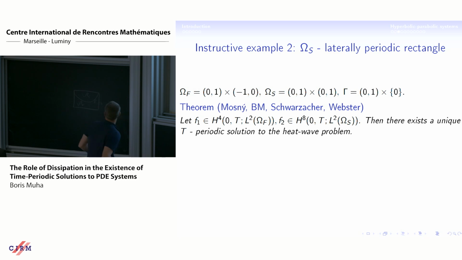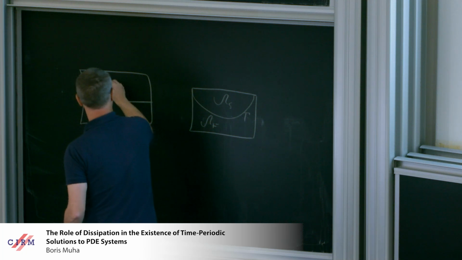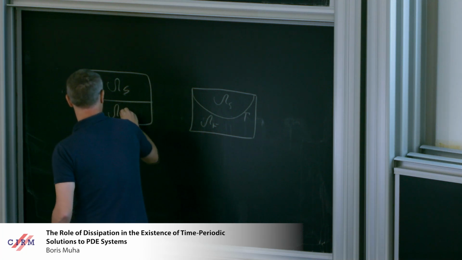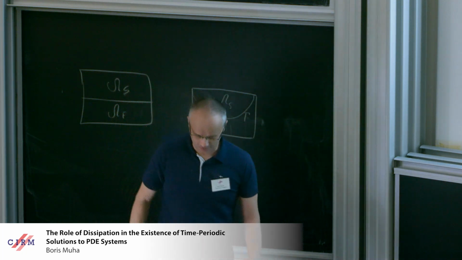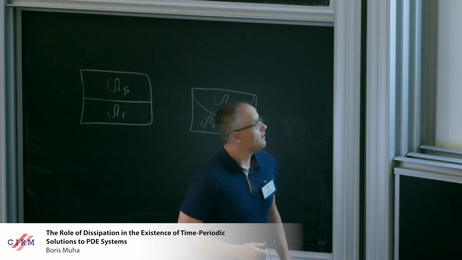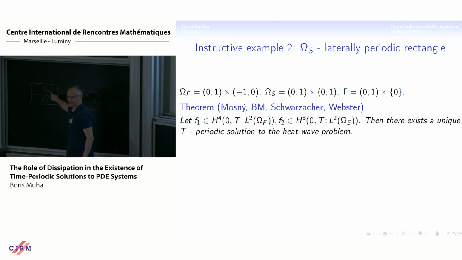Second is this rectangle, where omega s, for some reason, we always like to draw the structure above. And then, surprisingly, this is a more difficult case. So we lose more here. Here the numerology is 4 and 8.